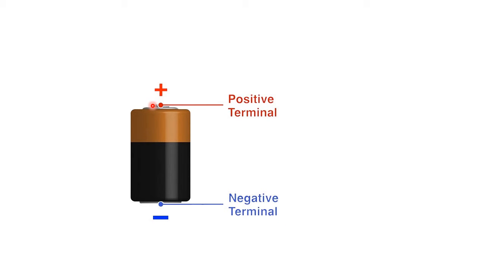Here you can see a little projection. This is the positive part. Every cell has this, okay? Positive terminal and negative terminal. So electric current flows from the positive to the negative end of the cell.